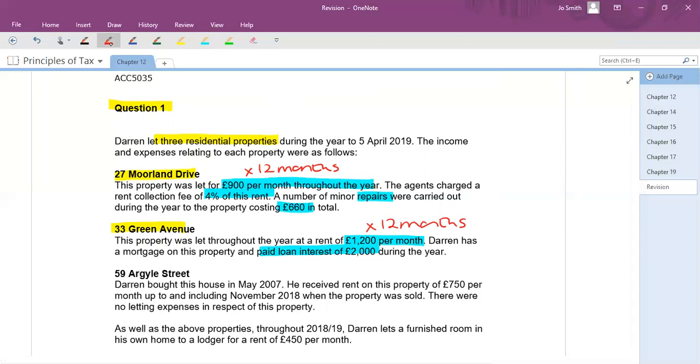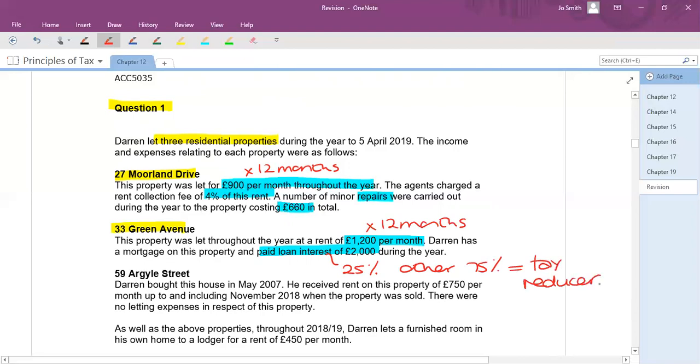Now, I don't know if you remember doing this, but when you've got a mortgage on a property, if you lend some money to be able to buy something to rent out, in the current tax year, remember I'm using current tax year rules, you are only able to claim that as an expense at 25%. The other 75% we will claim as a tax reducer, and we'll deal with that when we actually come to do the tax computation.